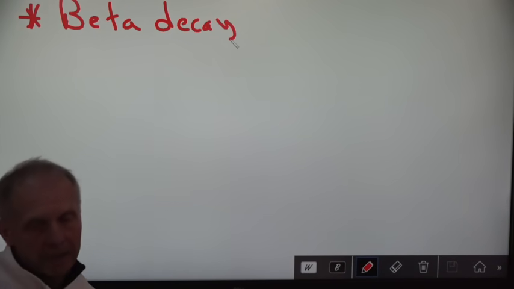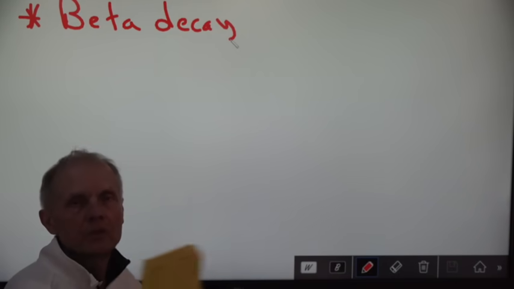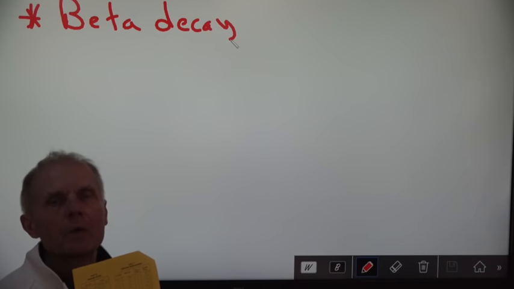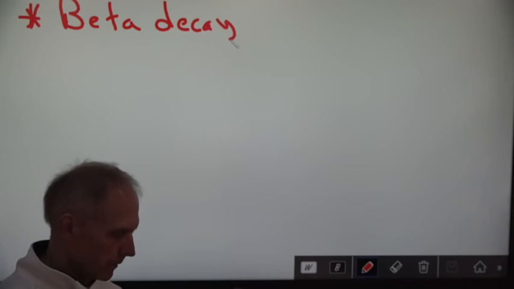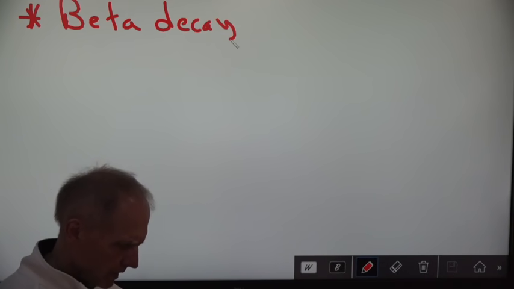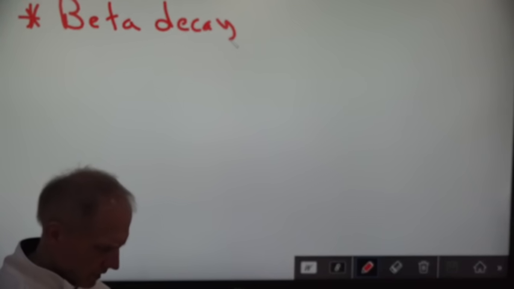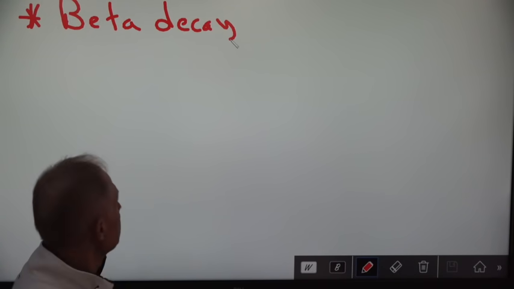We're going to write down beta decay. Now all we have to do is look on reference table N to see what radioisotopes decay by spitting out beta. And let's do cobalt 60.